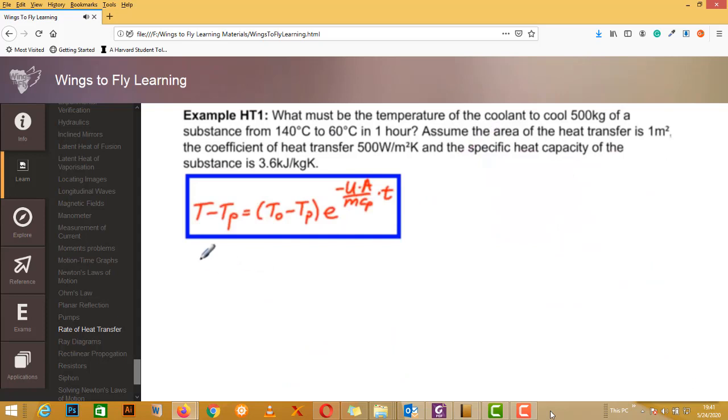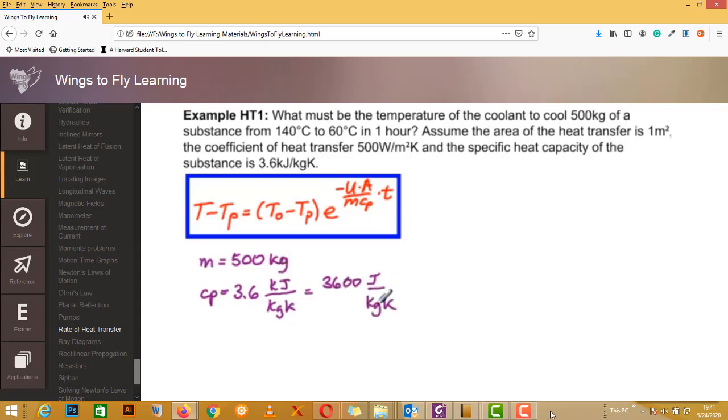So let's work on our numbers. M equals 500 kilograms. Cp equals 3.6 kilojoules per kilogram Kelvin. We're going to have joules, so let's write that as 3,600 joules per kilogram Kelvin.